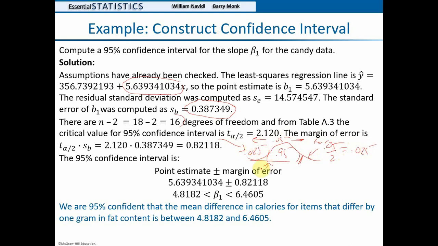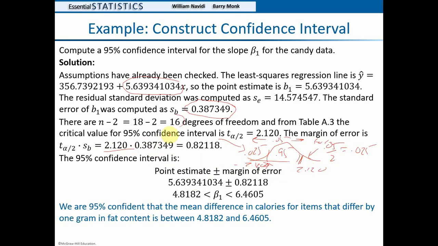I'm either going to get this one that's a negative value, or look at this as saying to the left is 1 minus 0.025. Okay. So once we find that, we go to the table, there's the 2.120, 2.120, minus 2.120.